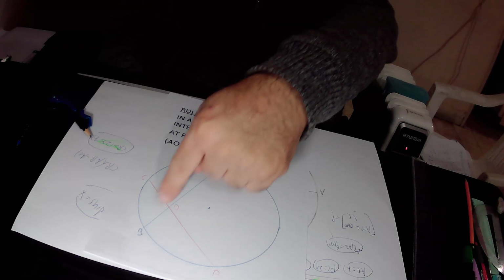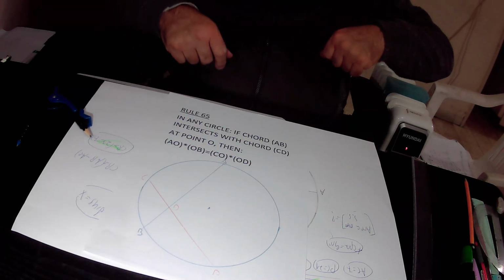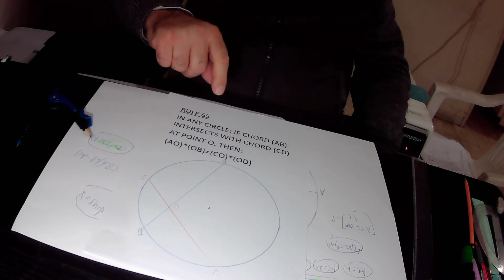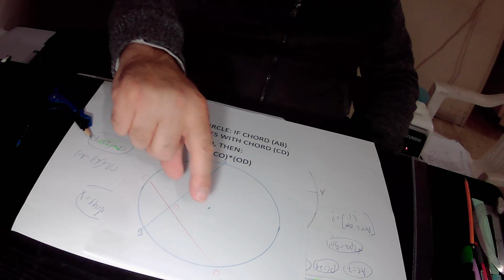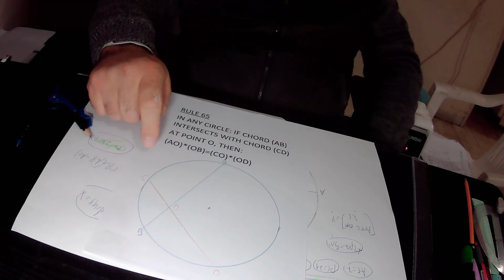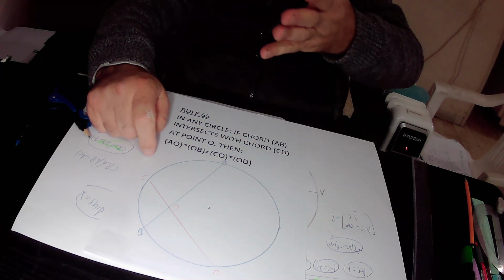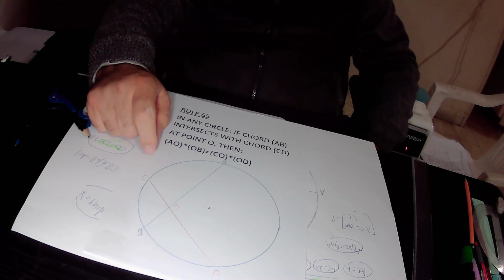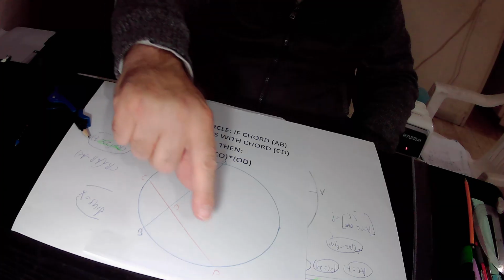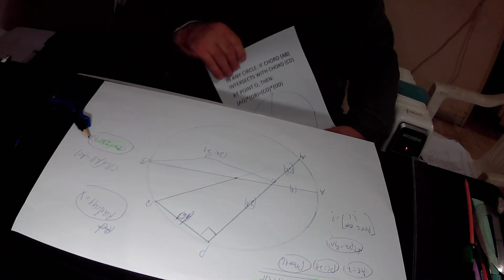If chord AB intersects with chord CD at point O, then the following equation is true: AO times OB equals CO times OD. So in the moment we have a circle, chord AB intersects with chord CD at point O, and according to rule 65, AO times OB equals CO times OD. So we can implement rule 65 in our drawing.